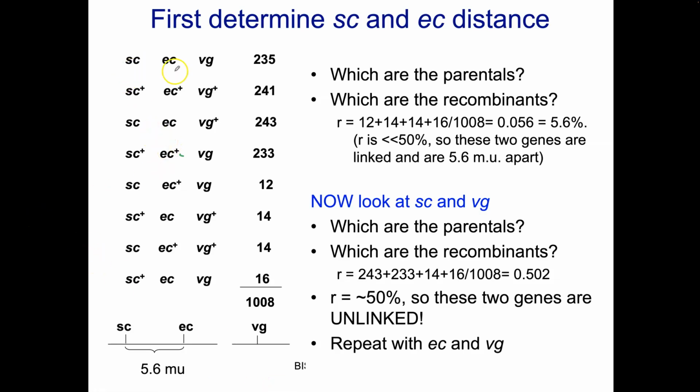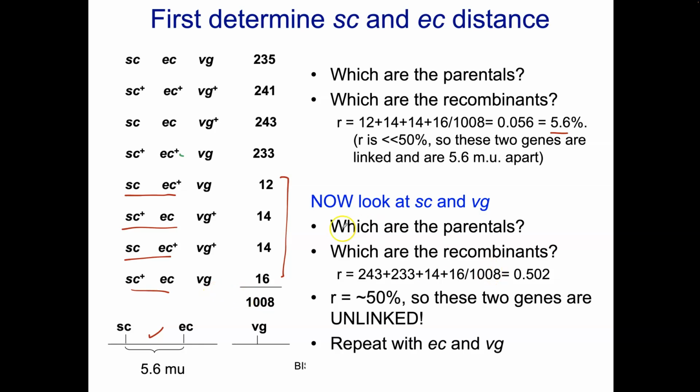So scute and echinus we looked at first. The recombinants are this one, this one, this one, and this one. And so we take these, 26, 42, 56, out of 1,008. So that gives us 5.6%. So that tells us that those are 5.6 map units apart.